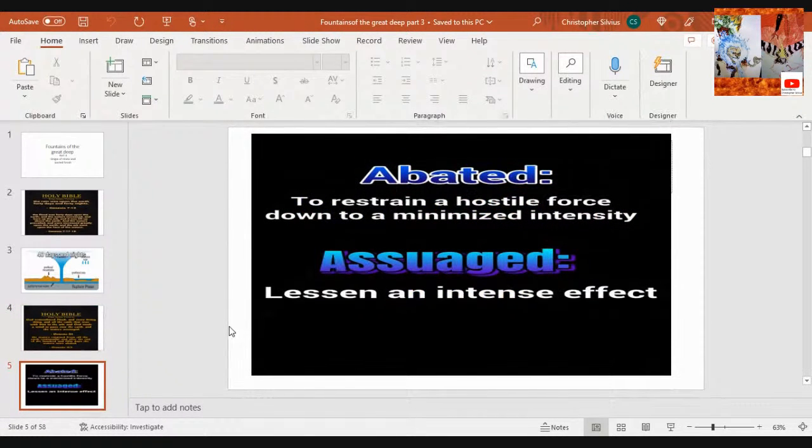Now, when the water stops increasing, when the water flow is restricted, this is called the assuaging event, the abatement, to restrain a hostile force down to a minimized intensity. Assuage means to lessen an intense effect.